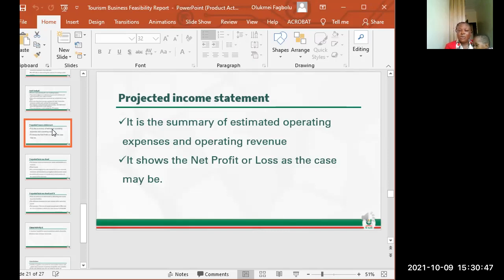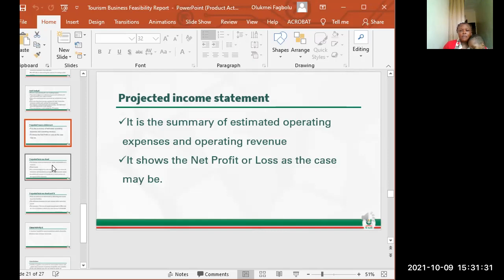By the time we go to the profit and loss account, we now arrive at net profit or net loss. So it depends. If the business is going to be successful, then we have net profit. But if not, it's going to be net loss. If it is net loss, it means the business will fail. We are not going to make profit if we invest our money into that business. So we need to rerun our cash balance, adjusting our cash inflow and cash outflow.